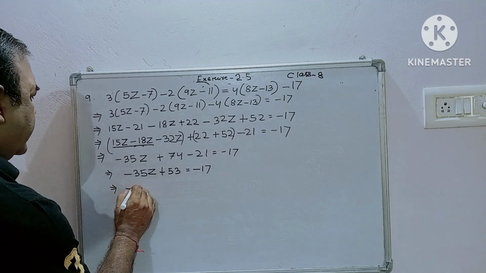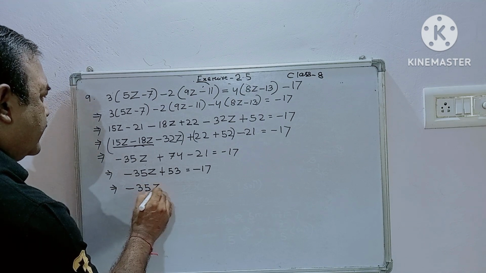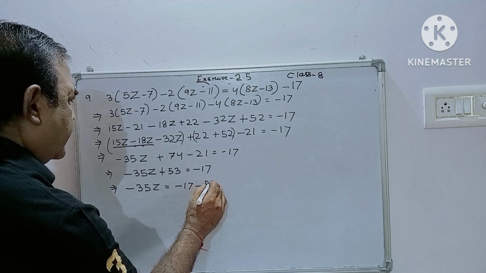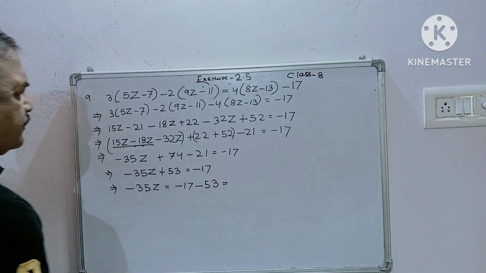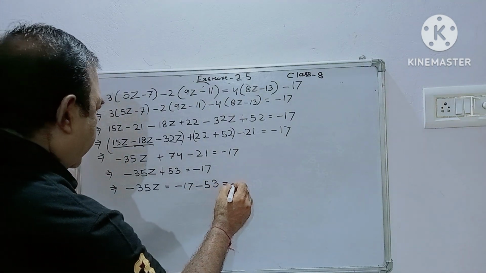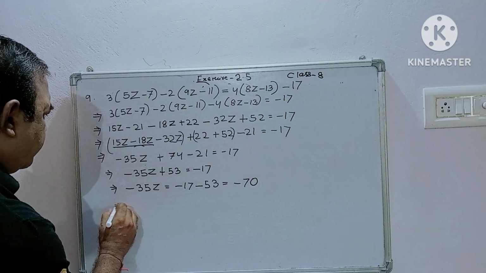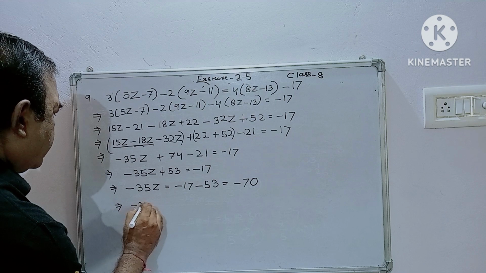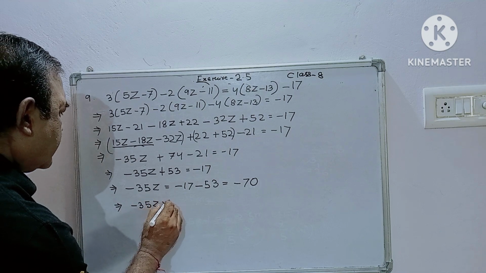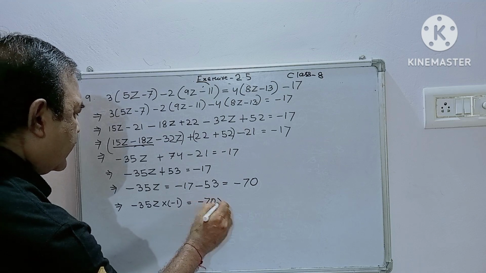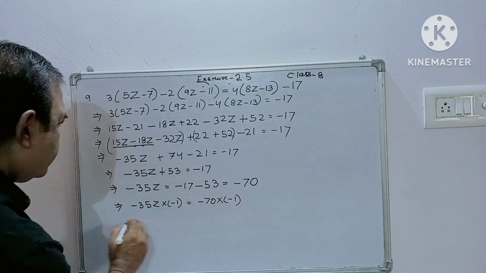That implies minus 35z is equal to minus 17 minus 53, that is equal to minus 70. That implies you multiply minus 1 on both sides, minus 70 into minus 1.